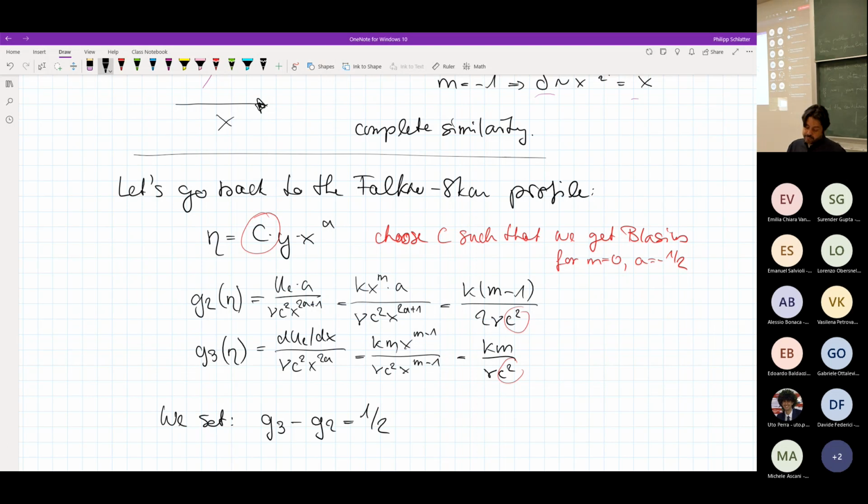Why? If we go back to Blasius and subtract G2 from G3, we actually get 1/2. So this would be exactly the way that is consistent with Blasius.